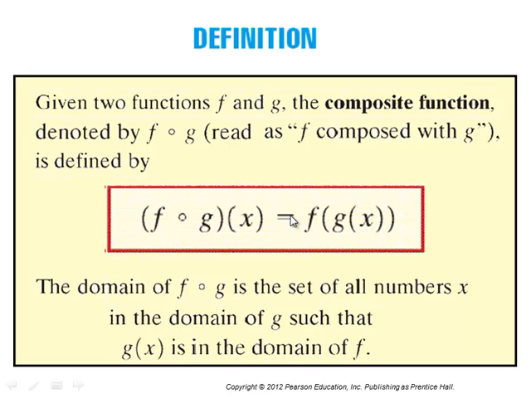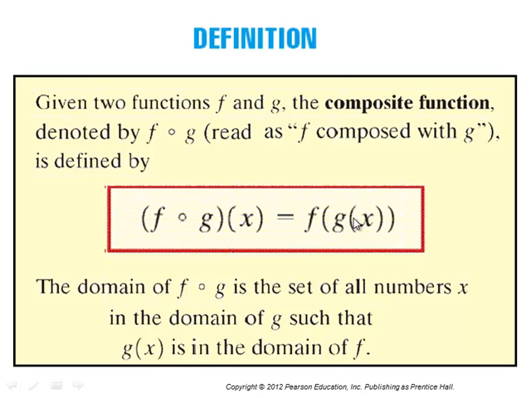How you do this is, where you see the independent variable for f, you replace that independent variable x with whatever g of x is, to get a new function of x. Got to be careful though in terms of the domain.